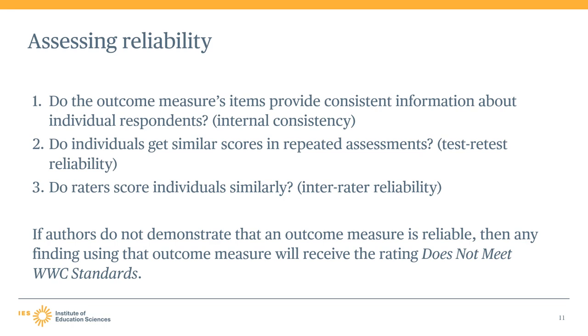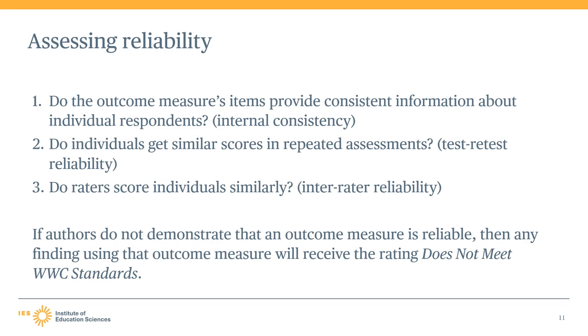The second way for an outcome measure to meet the reliability standard is to demonstrate sufficient test-retest reliability. Test-retest reliability measures to what extent the same individuals get similar scores in repeated assessments. The third way to demonstrate that an outcome measure has reliability is by showing that different raters scored the same individual similarly, a measure called inter-rater reliability.